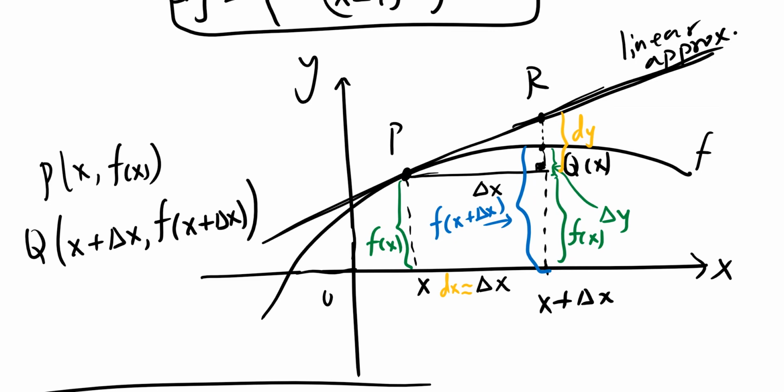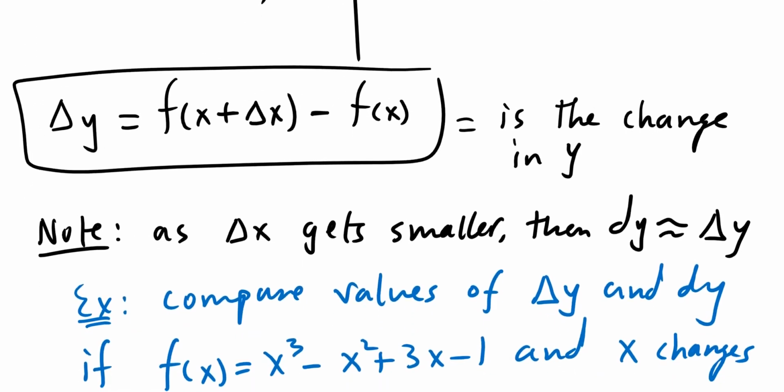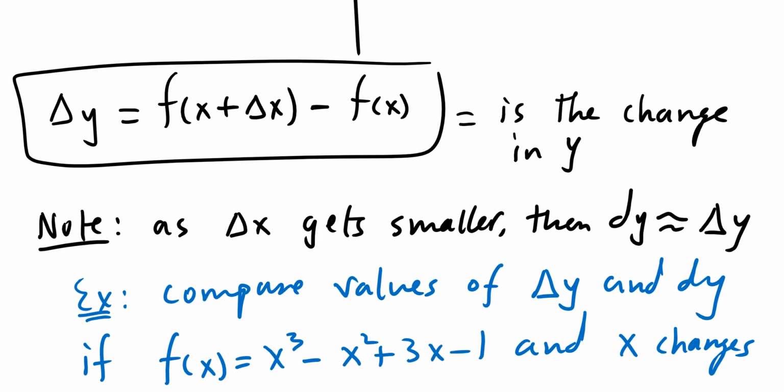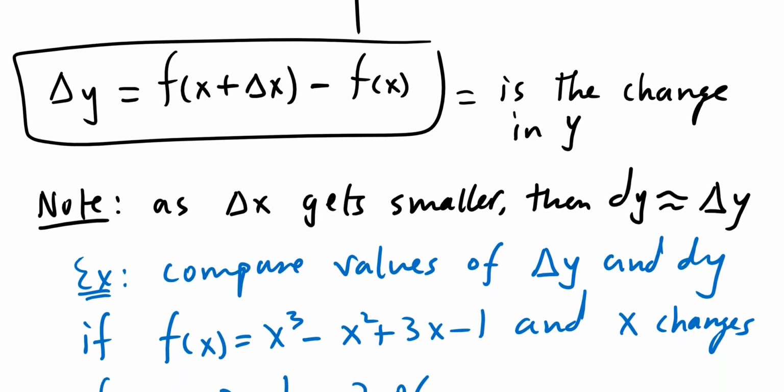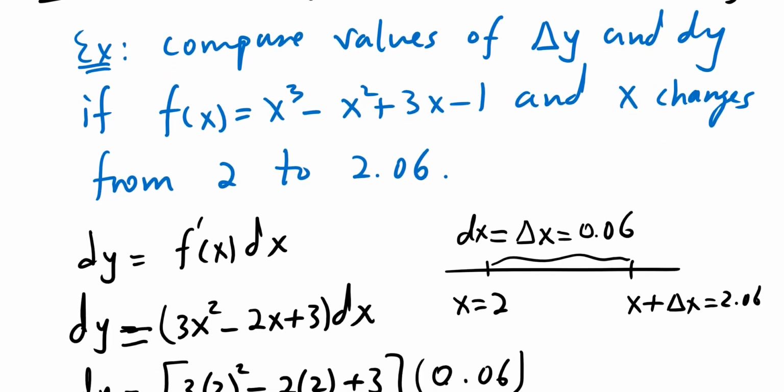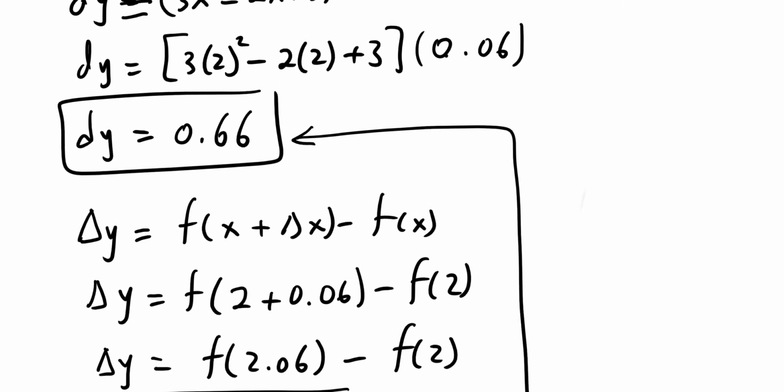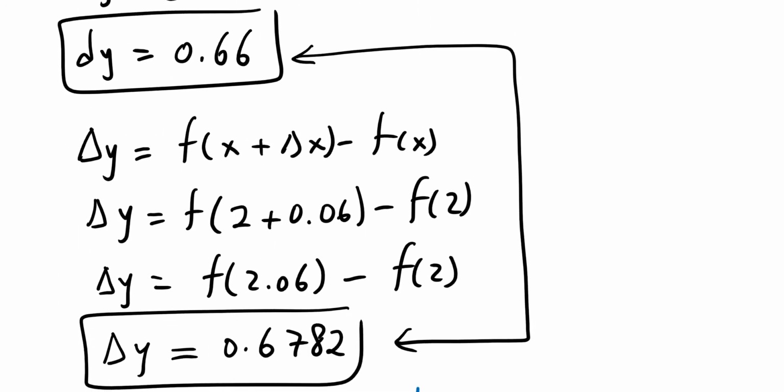That's what this figure is about. But in mathematics, we say, approximating something is better than not knowing how to do anything with it. And then we looked at dy and delta y, starting with x equals 2 and delta x is 0.06. And we noticed how these two values, dy and delta y, were very close in value.